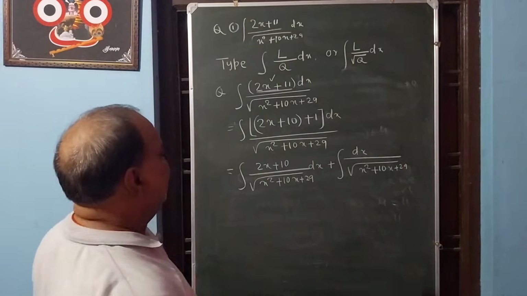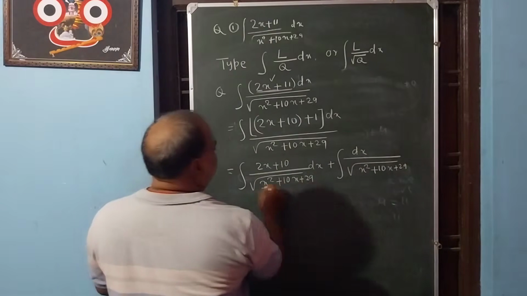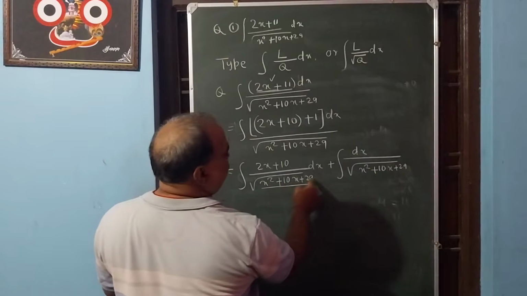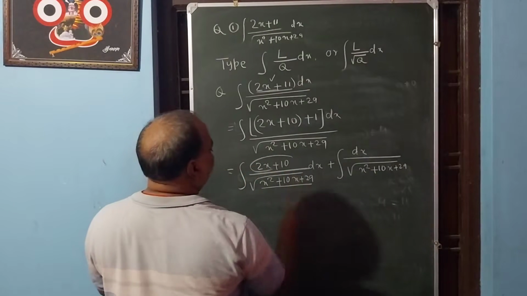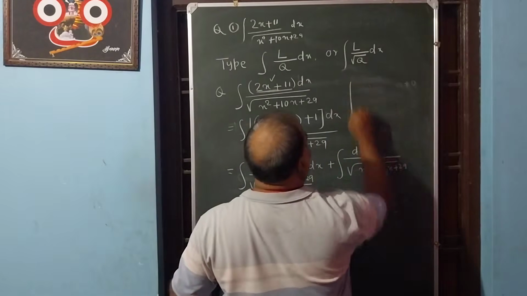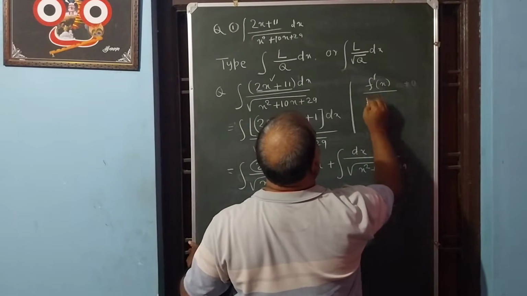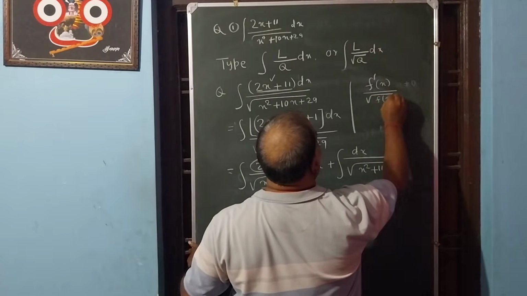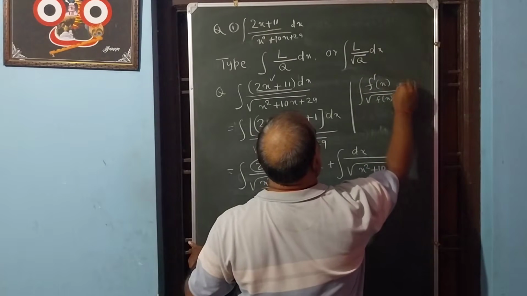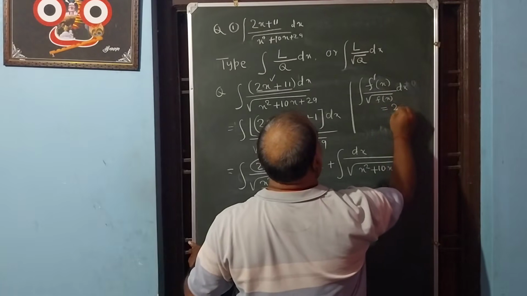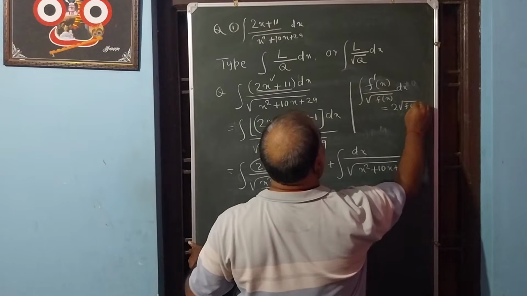Here we see the derivative of x square plus 10x plus 29 in the numerator. So we know that when the derivative of the function is on top and root over the function is below, then the integration value is equal to 2 root over f x.